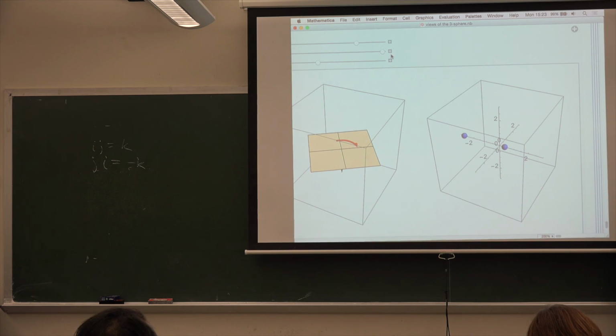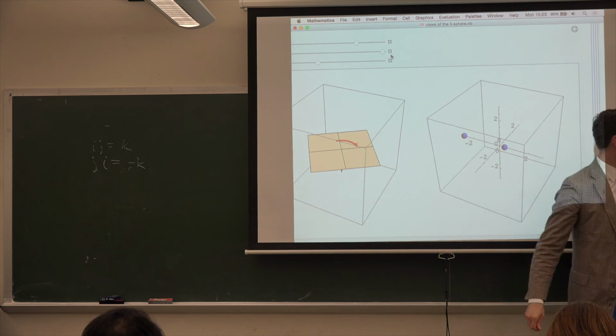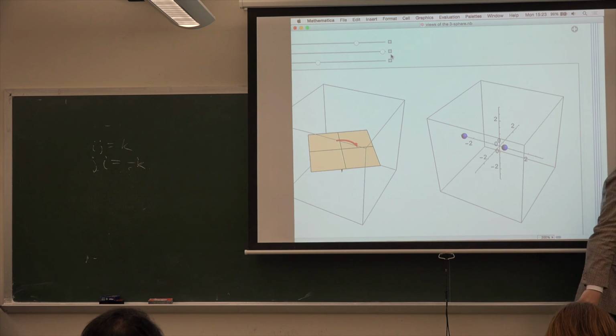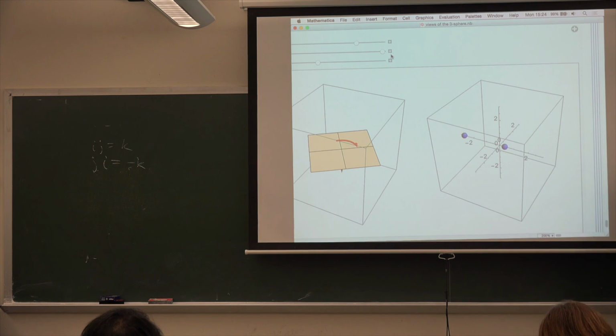If you take the unit octonions, this corresponds to the 7-dimensional sphere, the unit sphere in 8-dimensional space. This tells you that the 1 sphere, the 3 sphere, and the 7 sphere have really nice properties that others don't, because they correspond to the complex numbers, the quaternionic numbers, and the octonionic numbers.